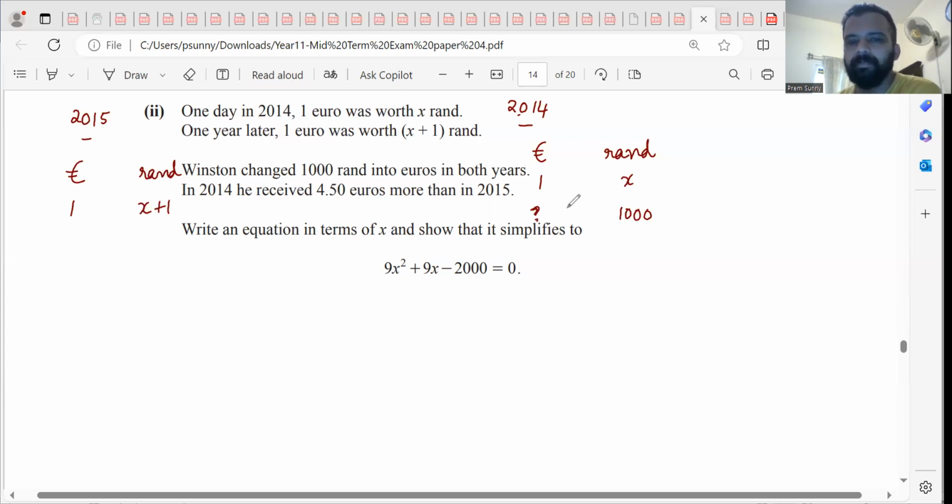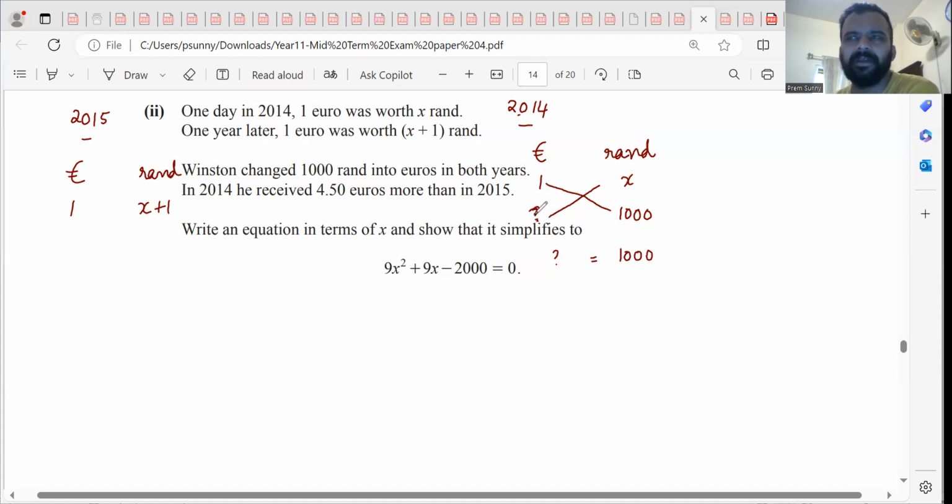We know in 2014 Winston is changing 1000 rand. What is its corresponding euro value? That is the question, so I have put a question mark here. This is currency conversion, and in currency conversion we always have to do cross multiplication. So 1000 into 1 is 1000, equal to x into this question mark.